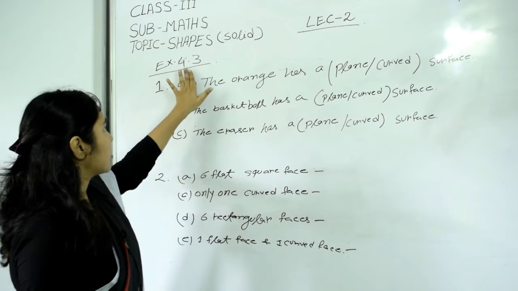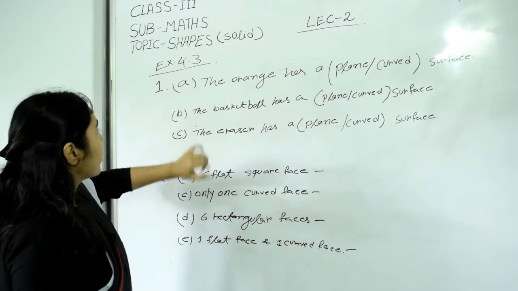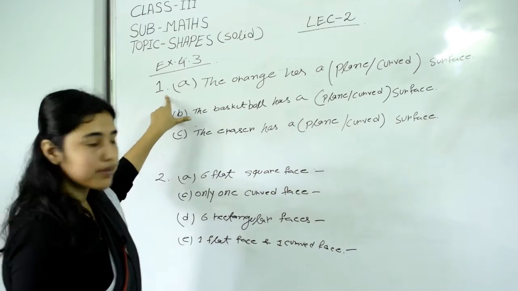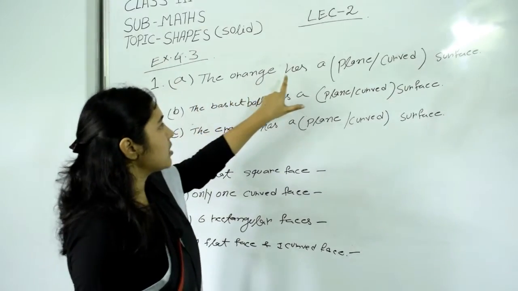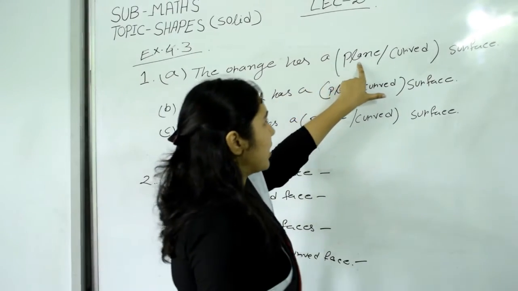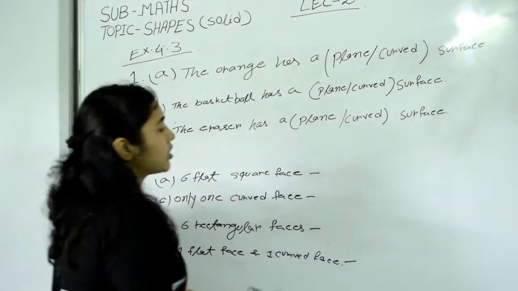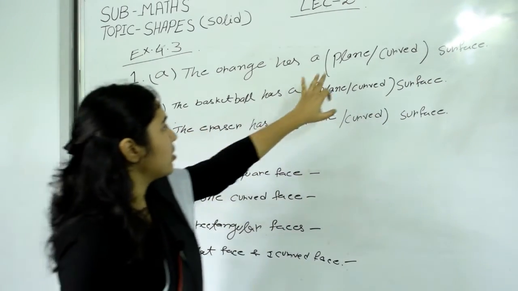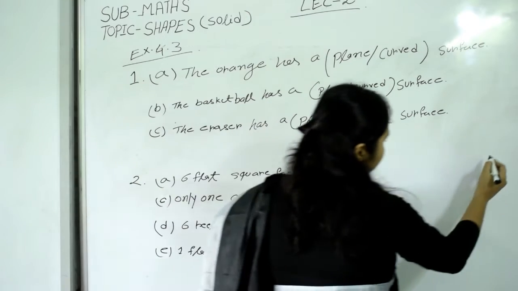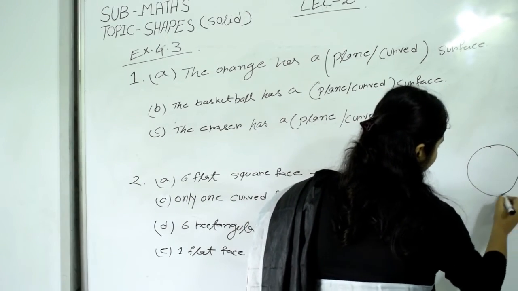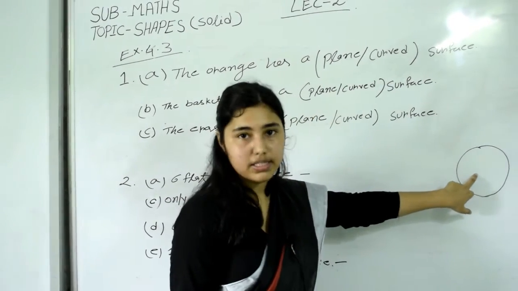So this is your exercise 4.3. Here first question, the orange has a plain surface or curved surface. You have to choose the right one. So the shape of an orange is like this, right?